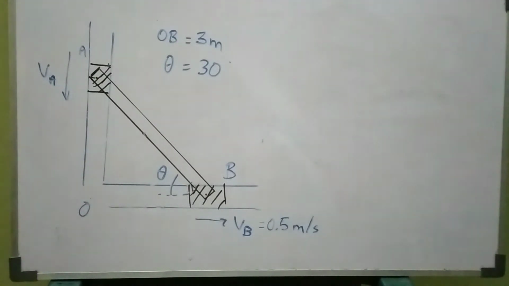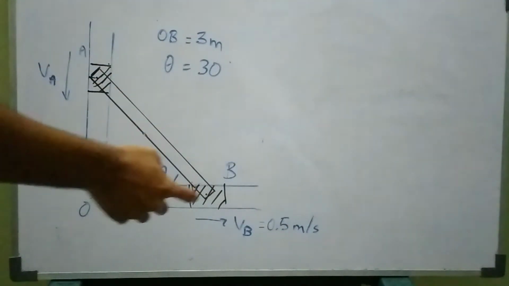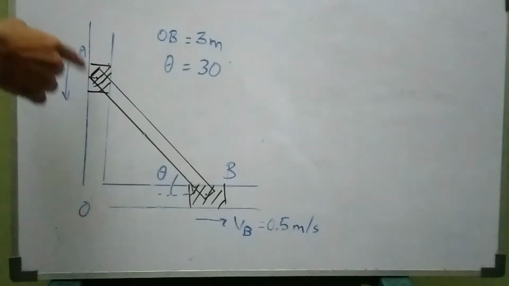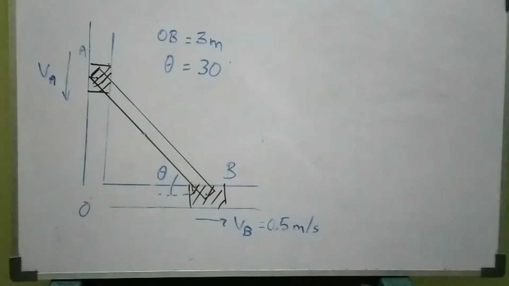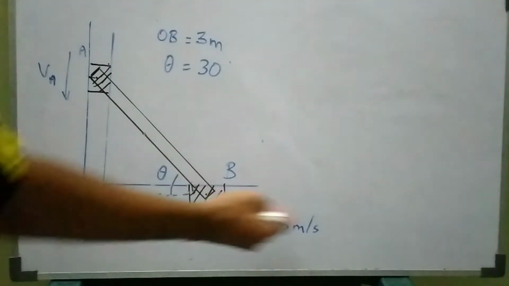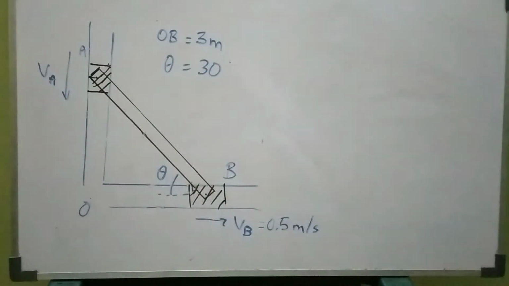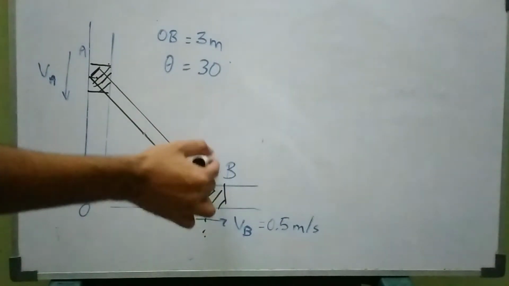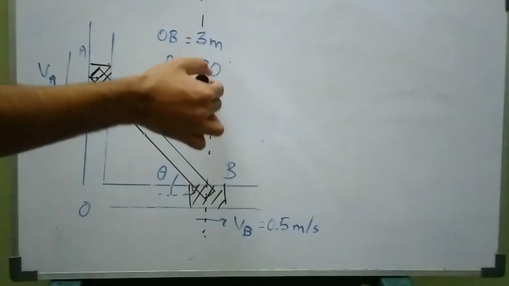The simple thing I have already noted here. When we are finding the instantaneous center, we need to first draw the perpendicular line to the velocity at these points. We know the velocity's direction for VA as well as VB. The VB is in this horizontal direction towards the right. So the perpendicular line, we can directly tell, is going to be here.